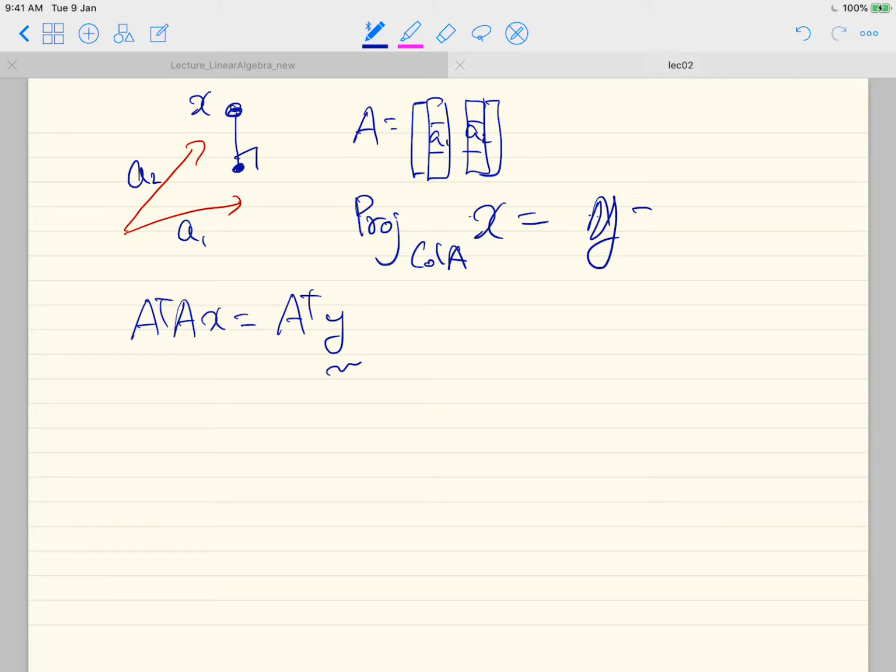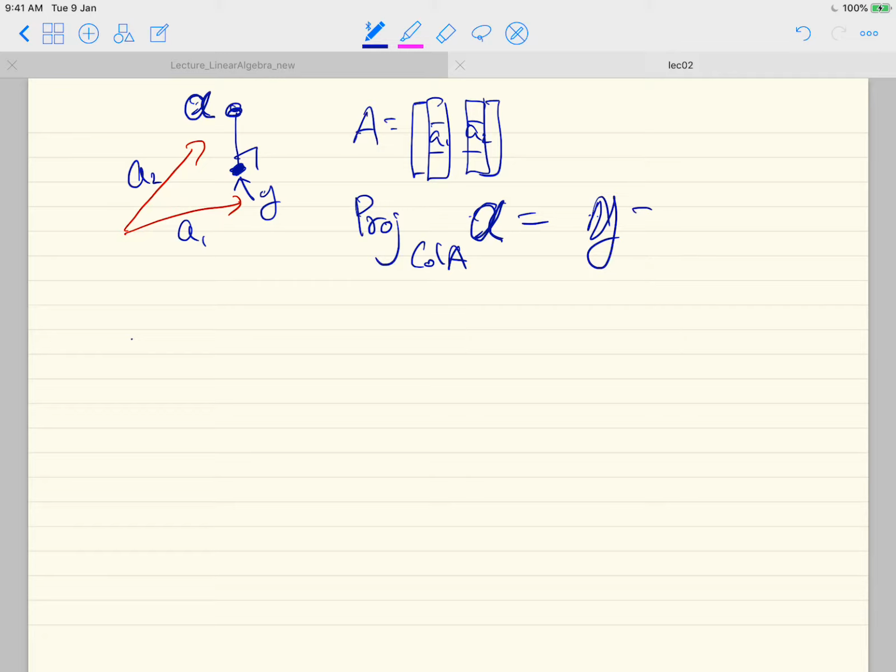Okay, so let me make it step by step. This projected point, let's call it y. Let me change it to vector a, because I want to use x in a different place.